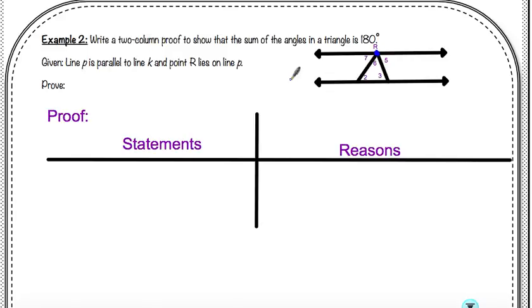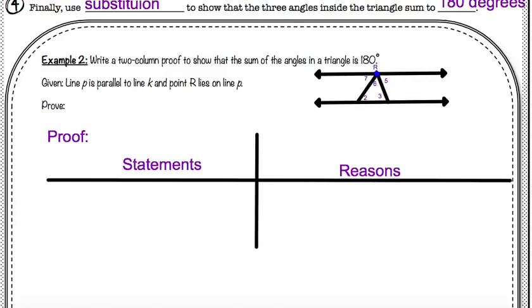All right, so we are going to prove that the measure of angle 2 plus the measure of angle 3 plus the measure of angle 6 is equal to 180 degrees.